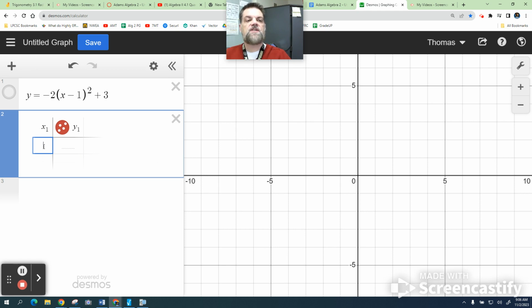Now, what do you think the vertex of this particular graph is? If it's h comma k, what's h, what's k? I hear it. What do you think the vertex is? What's the point? The vertex.